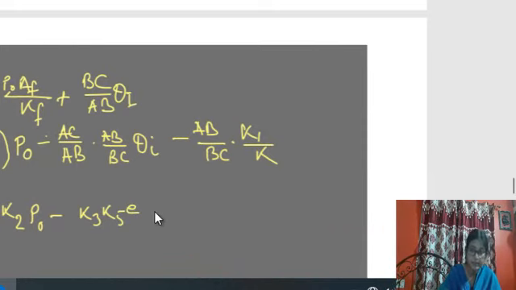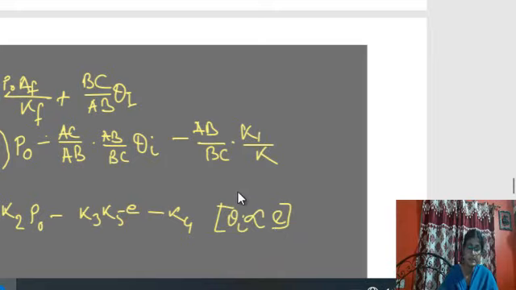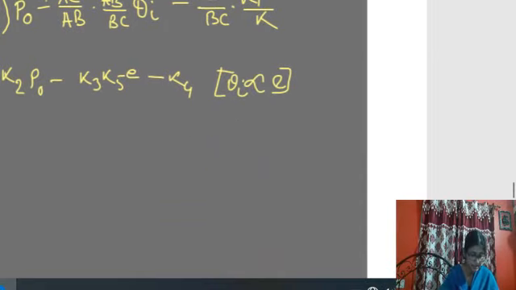Since the displacement theta I is due to the change in error, it is proportional to error, so theta I is proportional to E. We may consider this as equation number 2.